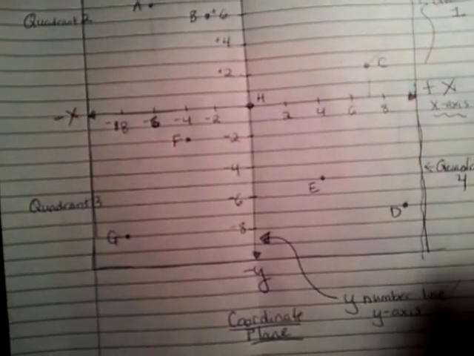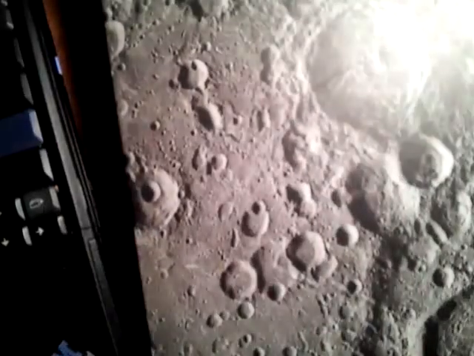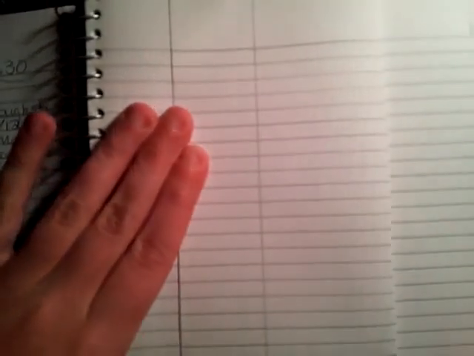Now, I've labeled all the points just as you would see them. Let us continue on to the next page. Keep in mind that I'm going to use the same format as you will use in your spiral notebook today. So my first step is going to be to fold it in half. And still the same day as before, so I don't need to make a new heading.